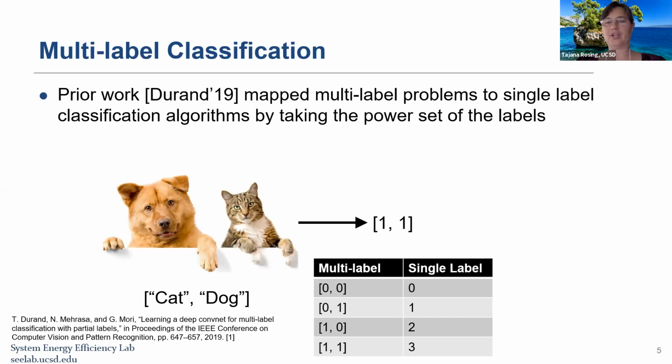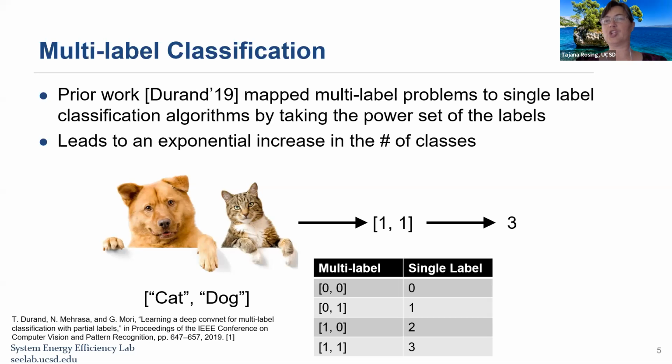So if I don't have either a cat or a dog, then the label would be 0. If I have one of them, depending on which one, the label would be 1 or 2. If I have both, now the label is 1, 1, which is a binary 3. So this works great, except for the fact that now you've exploded the number of labels that you need. And this is one of the big issues when you actually try to do multi-label classification in hyperdimensional computing.